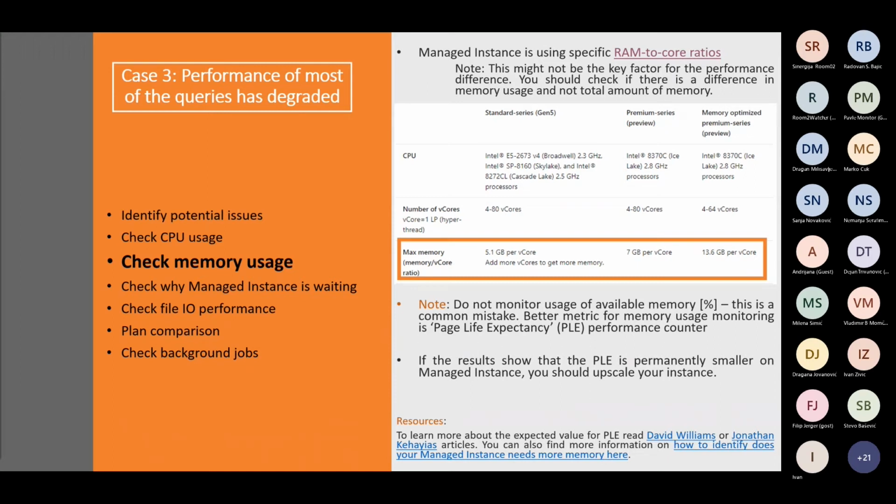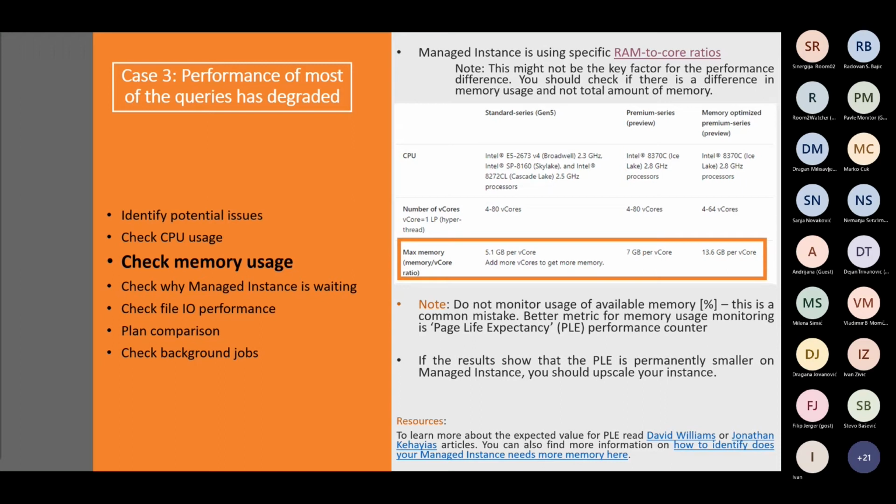One of the most common wrong metrics that you can monitor is whether the instance uses 100% of available memory. Some people believe that this is an issue, like hitting 100% of CPU usage, but this is expected and desired behavior. Managed instance should use as much memory as possible to cache the pages from disk into the buffer pool.